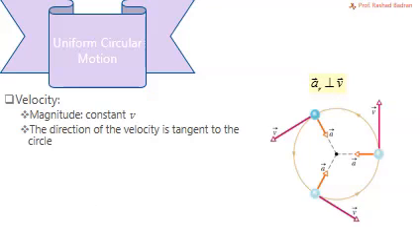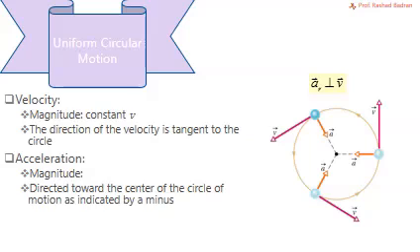In here, as you can see, the velocity vector in this uniform motion is always perpendicular to the radius and is always perpendicular to the centripetal acceleration. As we said before, the change in the velocity vector causes the acceleration, and that acceleration is directed towards the center of the circle, as the minus sign indicated before.